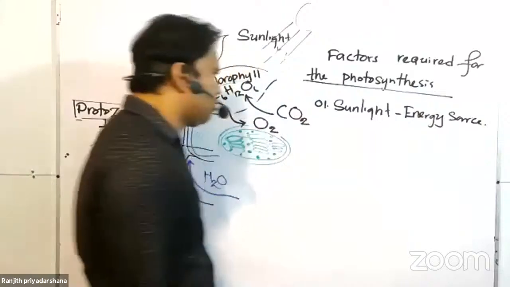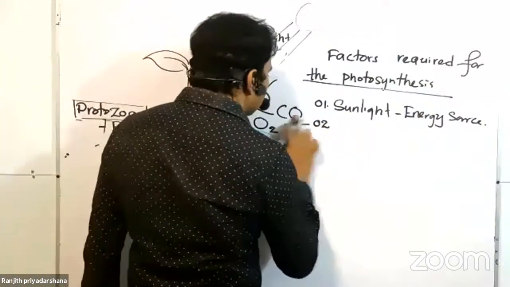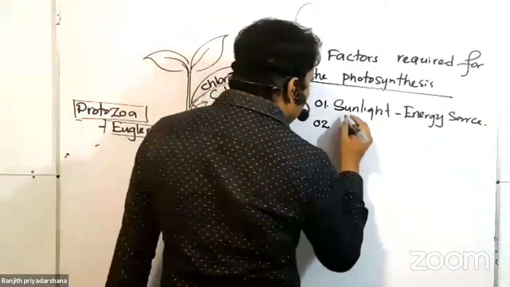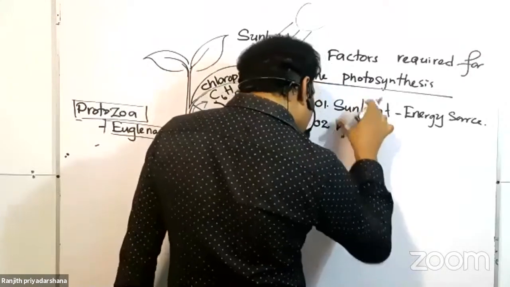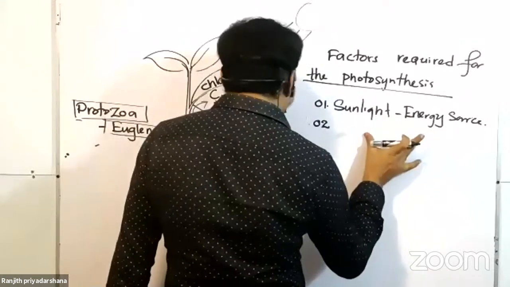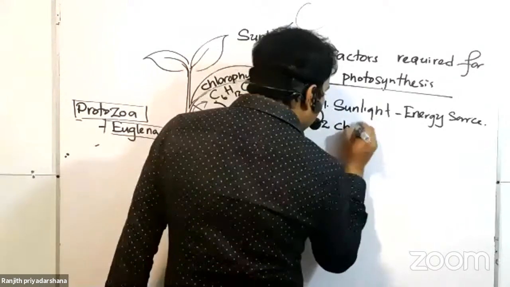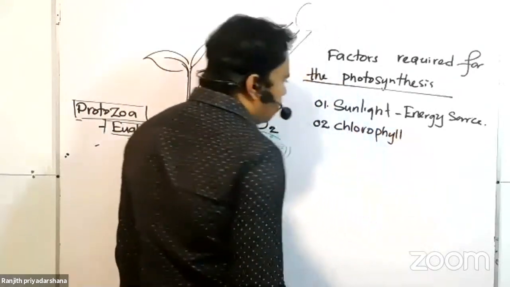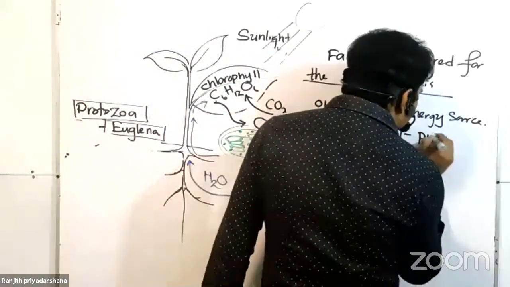Next one, water. Sunlight is absorbed with the help of chlorophyll pigments. Let's write chlorophyll, that pigment.